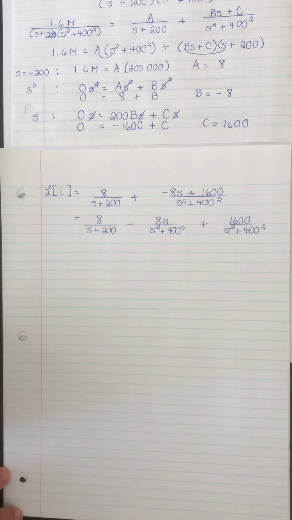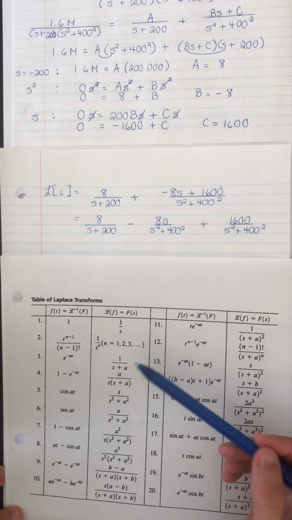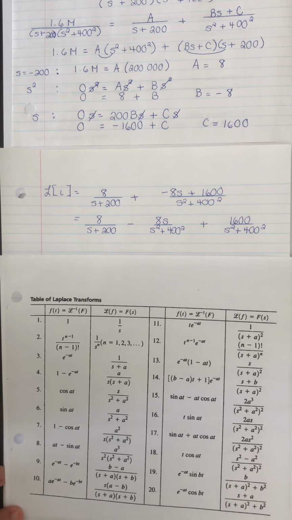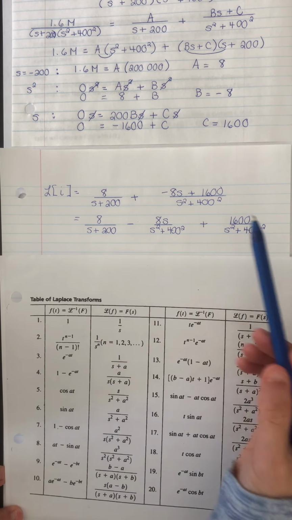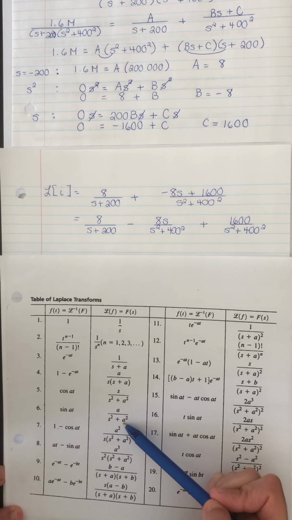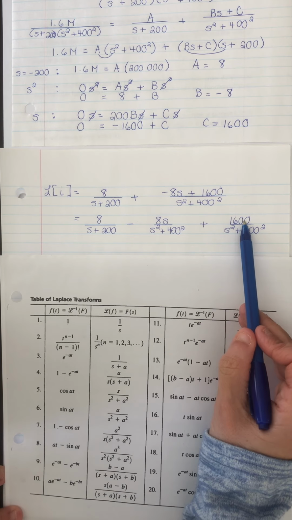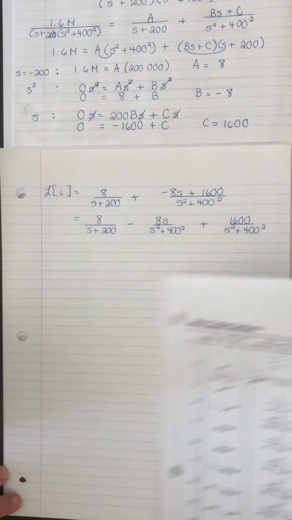So now we're going to try to use transforms 3, 5, and 6 respectively. But here we're going to move the 8. Here we're going to move the 8. This one, we should have whatever A is up top. Well, A is 400. So this should be 400 here, not 1600.